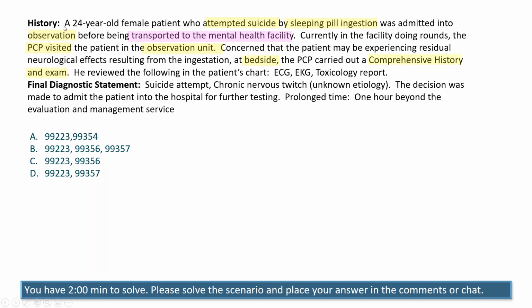Comprehensive history and exam. Review the patient's chart. Attempted suicide is the final diagnostic statement. Chronic nervous twitch, unknown etiology. The decision was made to admit this patient into the hospital. Prolonged time, 1 hour beyond the E&M service. Now I'm going to let you tell me what is your answer.